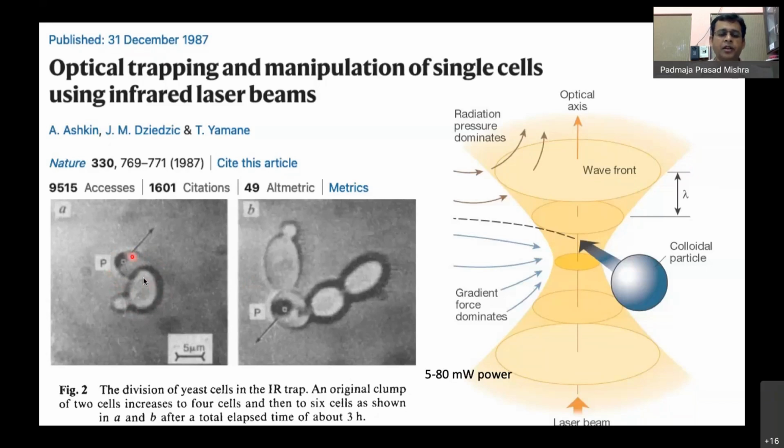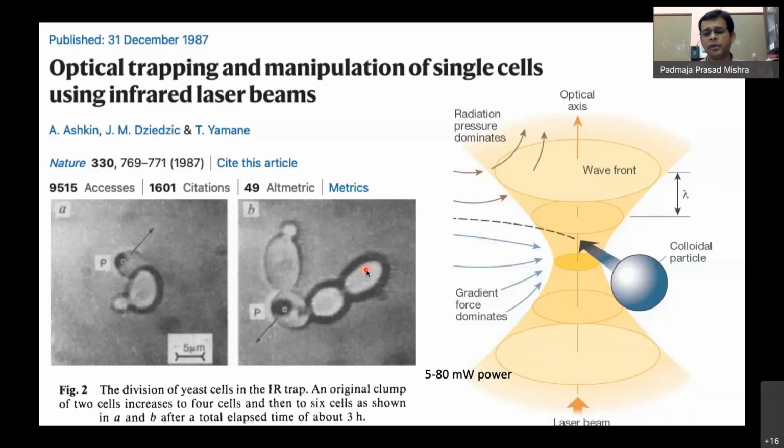You can see initially there are fewer cells, and in this trapped condition, the number of cells is even increasing. So all the normal functions of the cell remain intact even if they are trapped by a laser beam. So those are the three findings he explained in this paper.